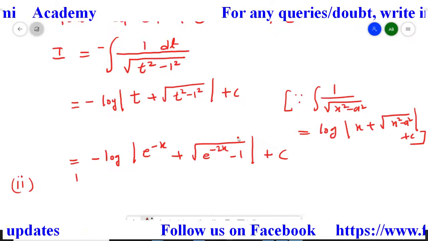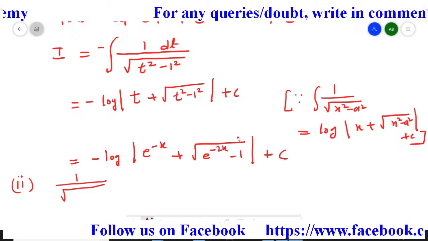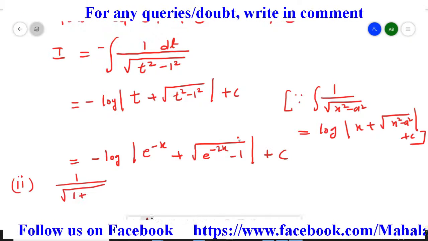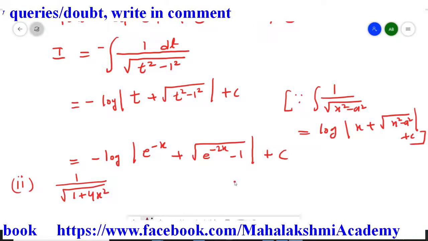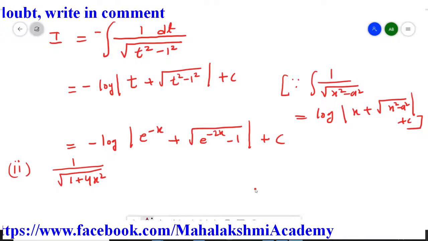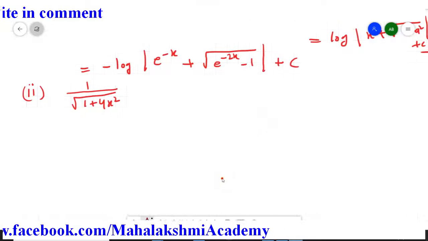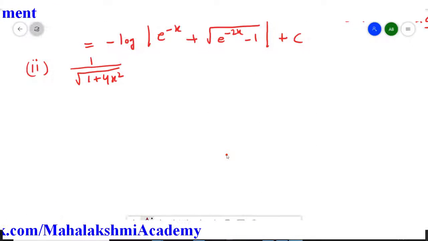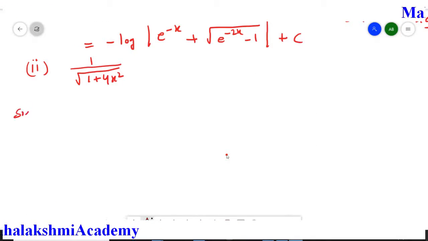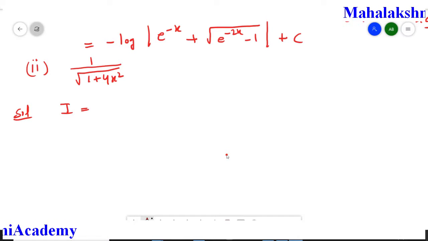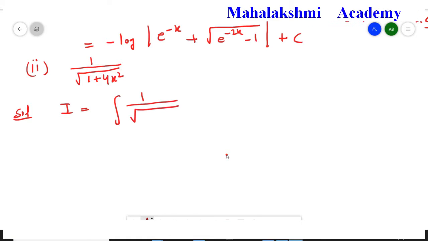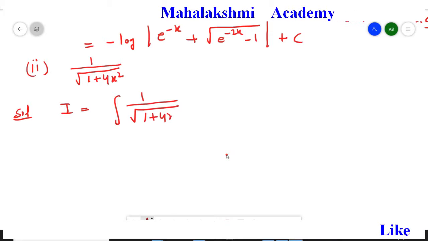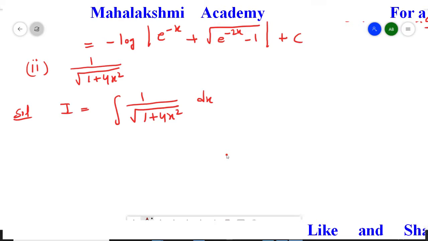Now we have to solve the second part of the same question. The given function is 1 upon square root of 1 plus 4x square, and we have to integrate it. This question is very simple. We assume I is equal to the integration of 1 upon square root of 1 plus 4x square dx.